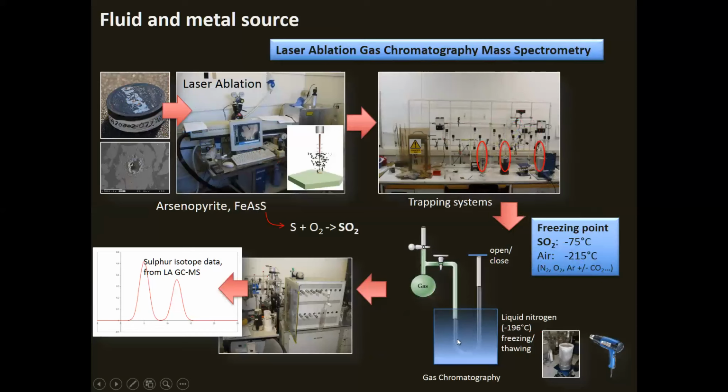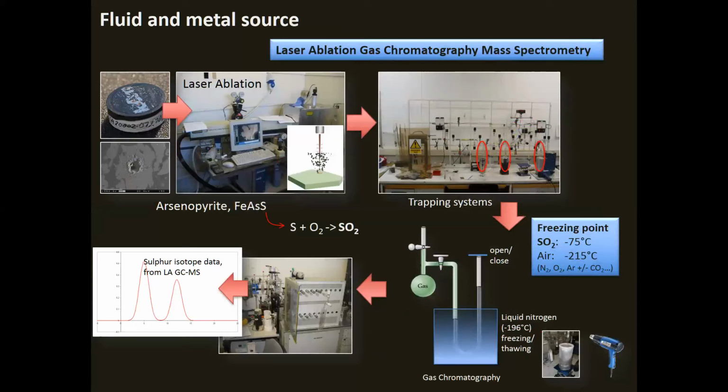It goes down to a container filled with liquid nitrogen, and the freezing point for SO2 is -75. For air, it's -215, which means that we will freeze the sample in this U-shaped glass tube. We will freeze the sample, but air can still pass through. So by opening and closing the valve up here, we can get rid of as much air as we can.